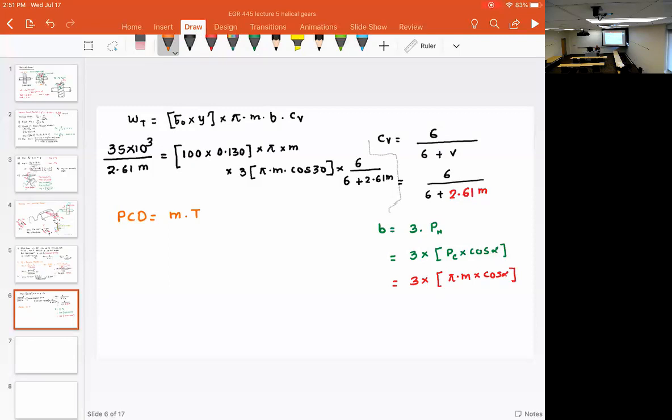Okay, PCD is equal to MT. Anyone got the value of M? Not yet? Okay. The face width, we already have the equation for face width, which is B equals 3 times pi times M multiplied by cosine alpha. That gives you the face width.